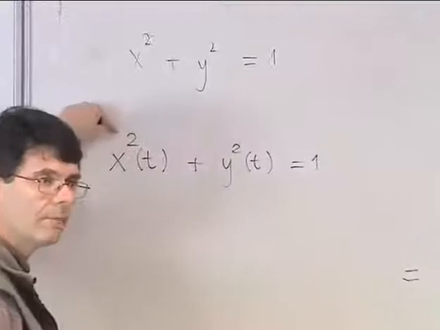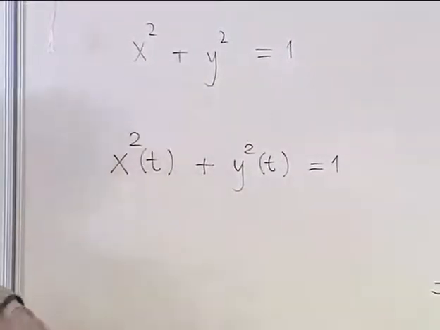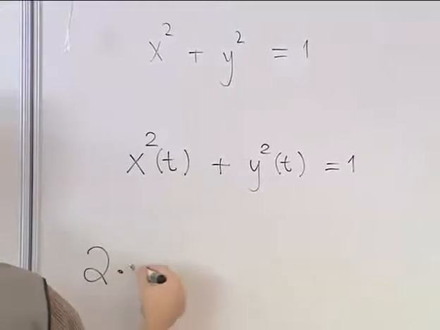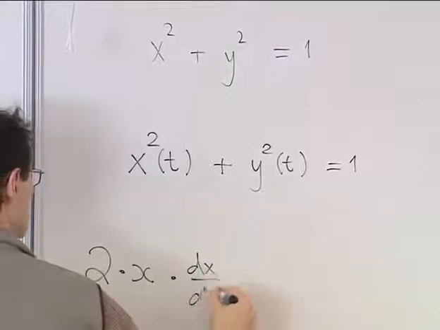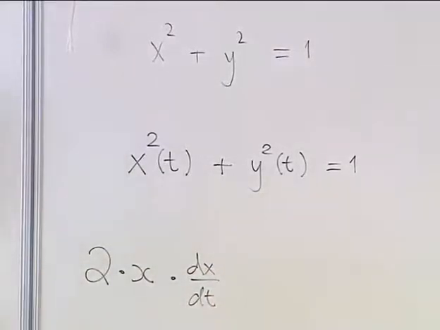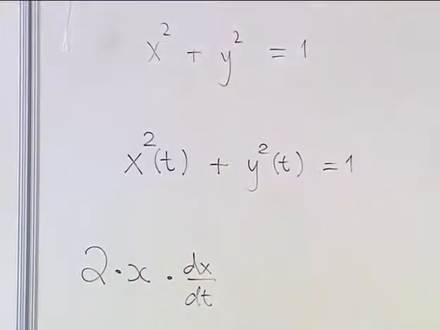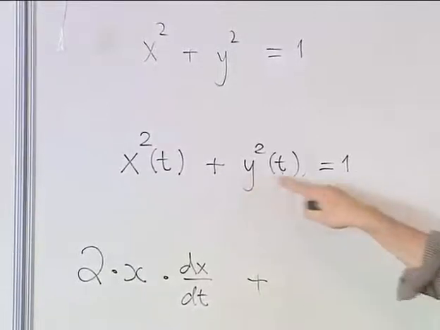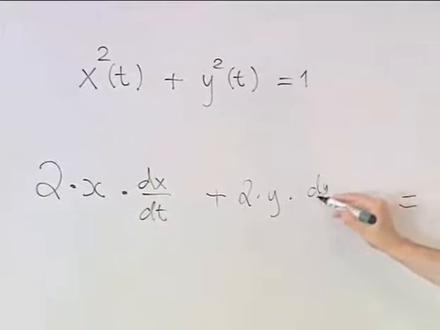Well, using the chain rule, it is 2 times x times dx dt. I'll get to it in a moment. Plus, what's the derivative of that? It's 2 times y times dy dt.